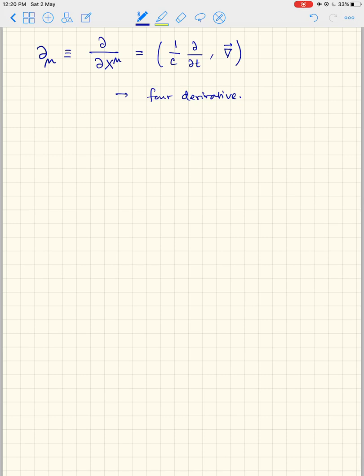Okay, so now what we're going to do is just look at something very quickly. So let's look at something that we have stressed on a little bit before, conserved currents. So what did we have?